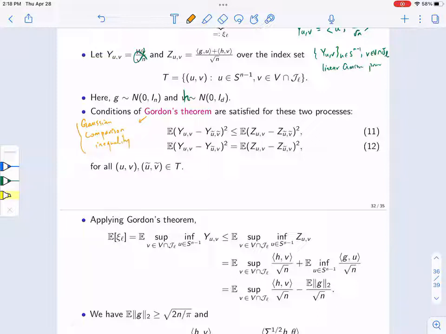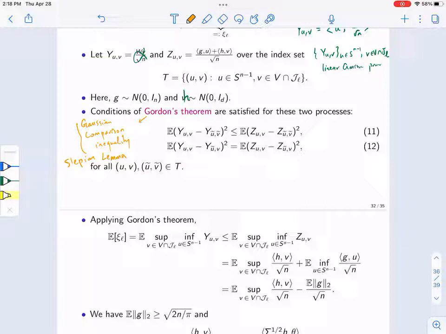There's the Slepian lemma, or sometimes called Fernique. Who you should attribute these to is debatable, but there are different versions. There are simpler versions of this where you just compare the supremum. But it's interesting because it compares the minimax quantity.